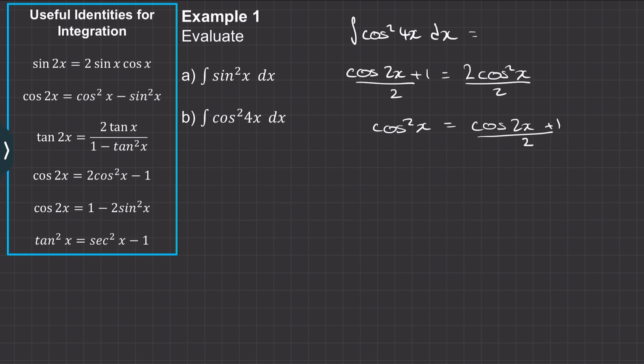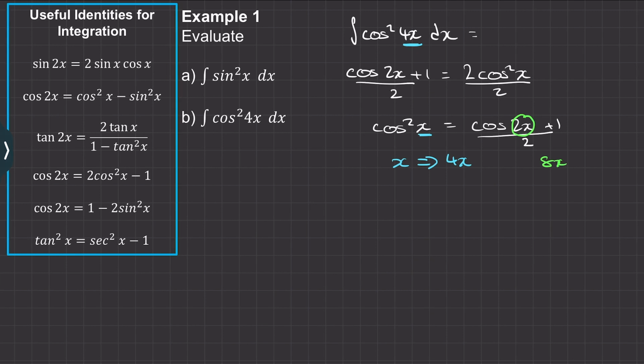But if you look now at the difference between cos squared x and cos squared 4x, you can see that the x, this one here, is mapping onto the 4x. So this 2x here will have 4 lots of that. So this will become 8x.